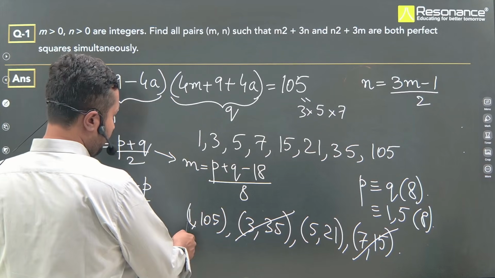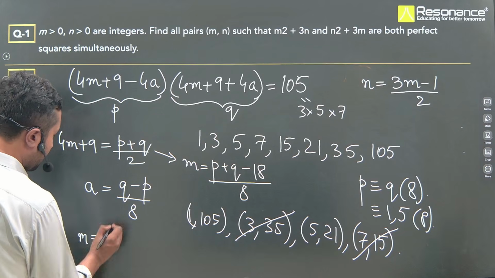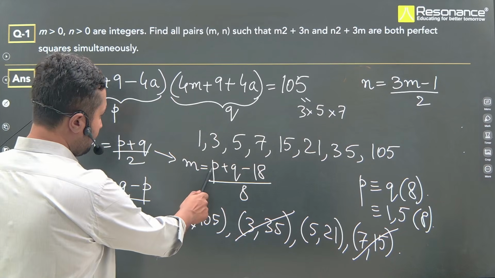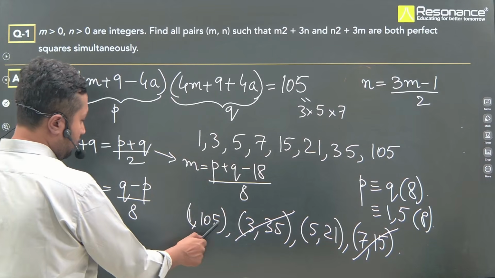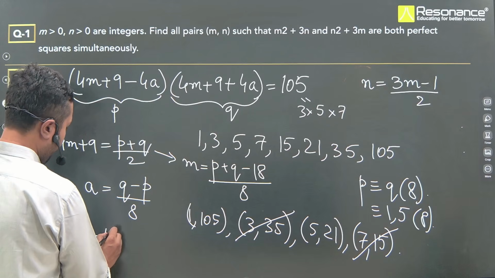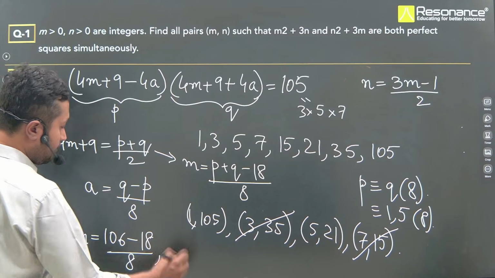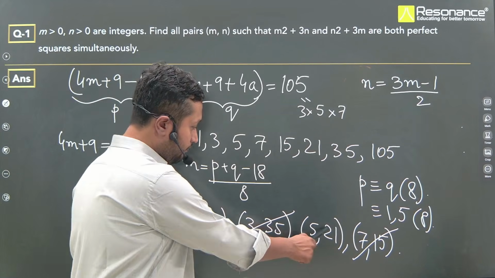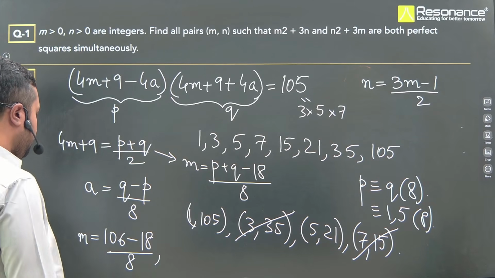Okay, so what do we have? 105. So what does the value of m turn out to be in that case? m is (p plus q minus 18) divided by 8. So what do we have? 106 minus 18 divided by 8, or the other value is 21 plus 5 minus 18 divided by 8.